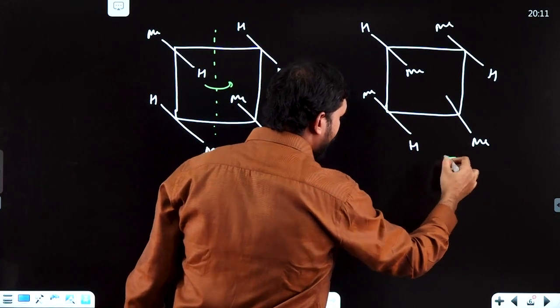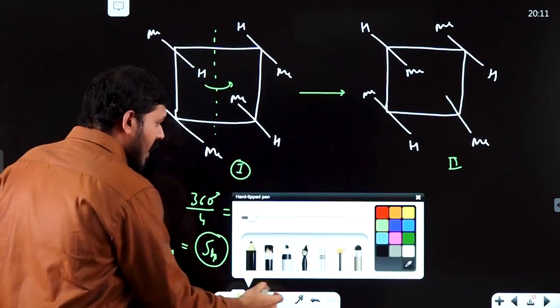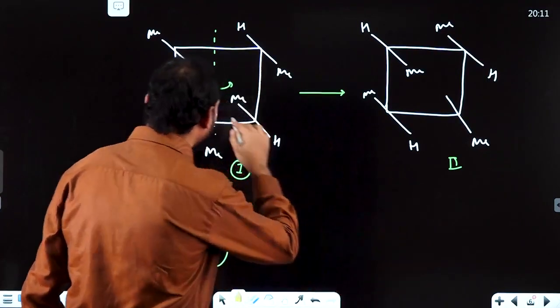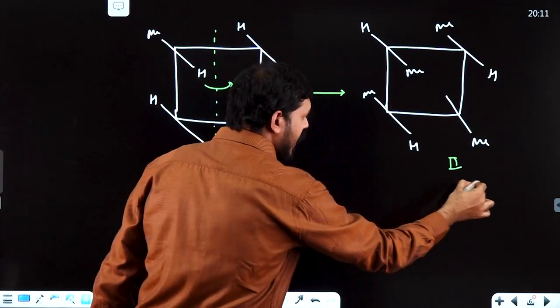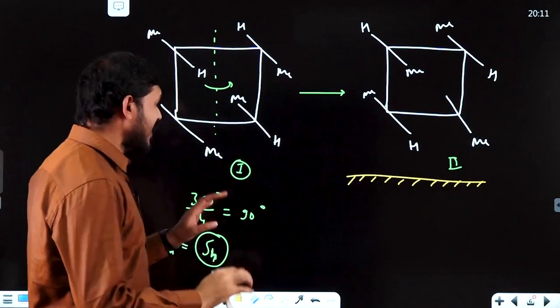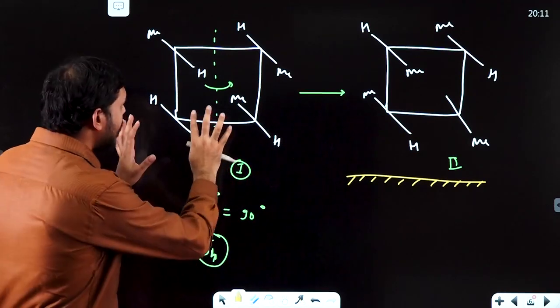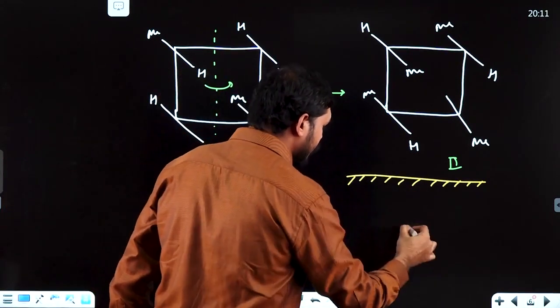If you see, the upside part has gone downside and the downside has gone upside. Now, as we have chosen this as 90 degree rotation, obviously we can place the mirror here. Okay, I am just placing the mirror perpendicular to the axis of rotation, and what I will get is this.